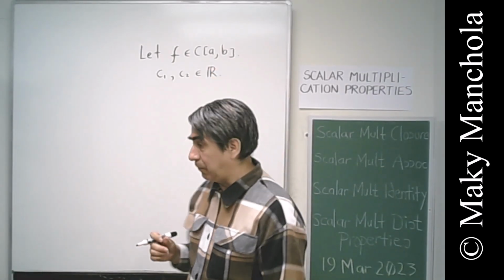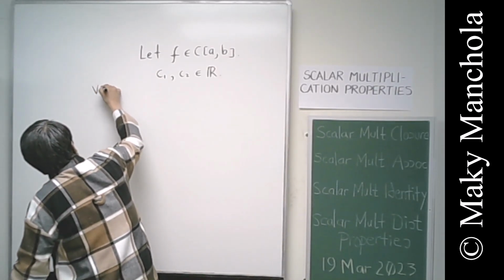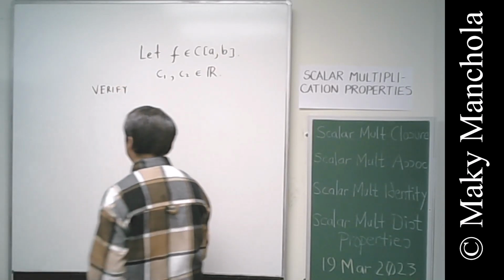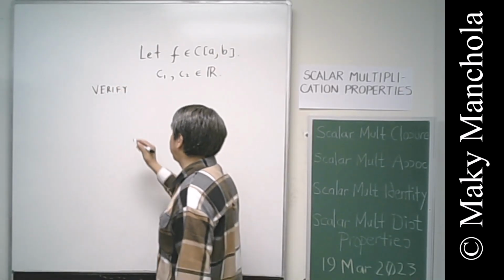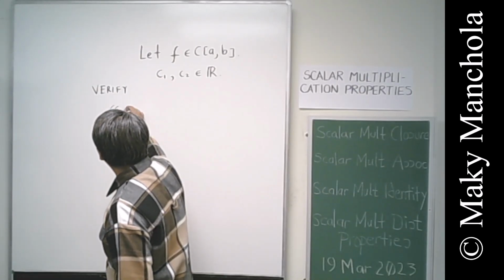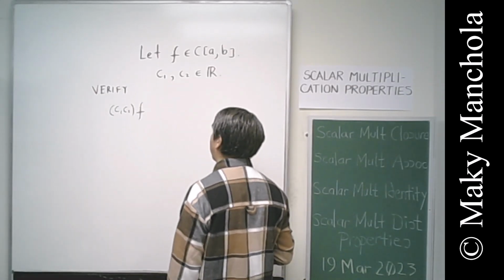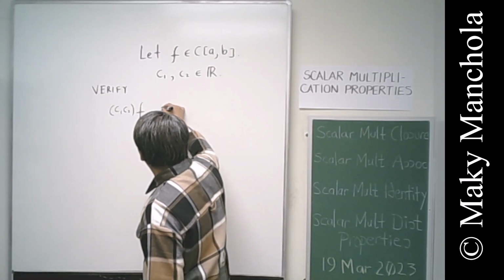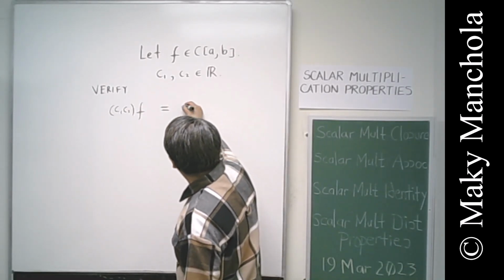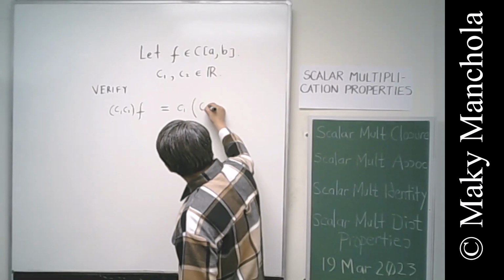What we want to verify is that the function that arises from the scalar multiplication of c1 c2 and f equals the function that arises from the scalar multiplication of c1 and the function c2f.